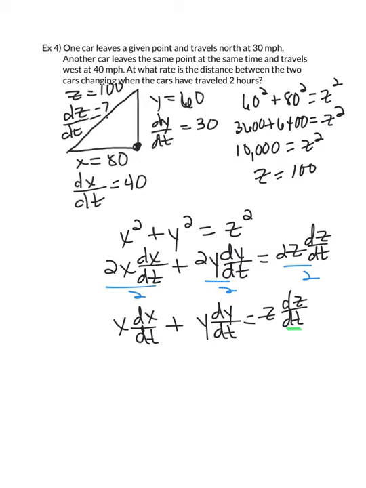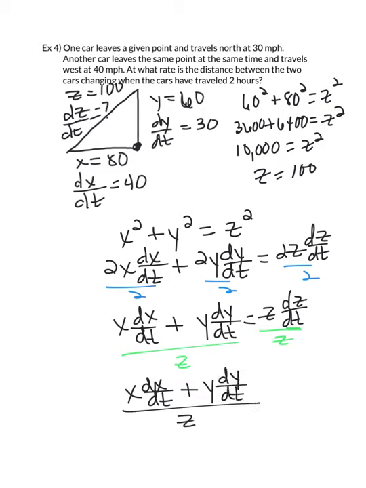Right now it's being multiplied by z. So we need to divide both sides by z, which gives us x dx/dt plus y dy/dt, all over z, equals dz/dt.